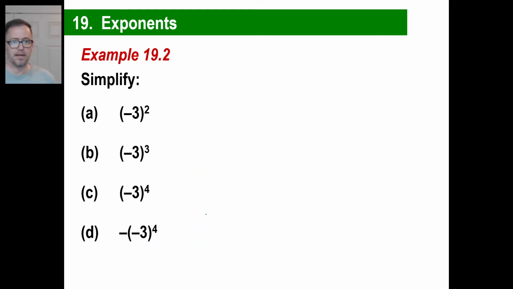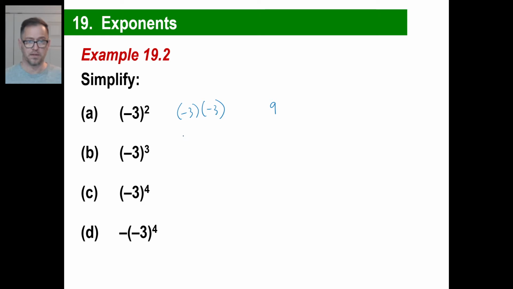All right? And let's look at this. Make sure that you know the difference between the ones you see on this screen here. What this really means when you see -3 in parentheses squared is we're going to multiply -3 times -3, right? And we know a negative times a negative is a positive, and that would be positive 9.